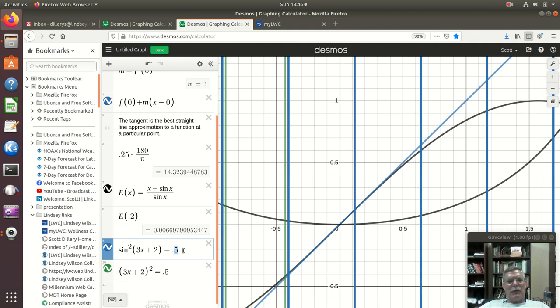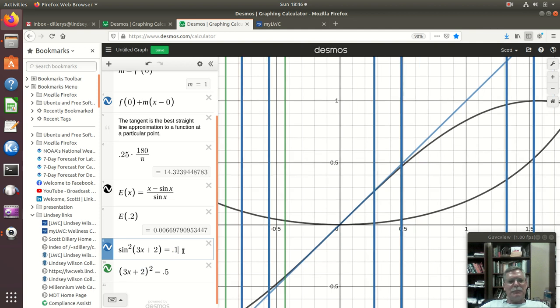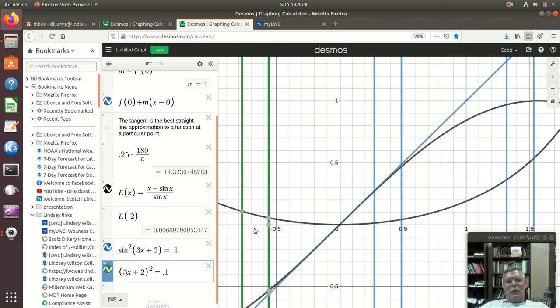What if I made it just 0.1? Well, might need to change that one as well. Look how close those are.